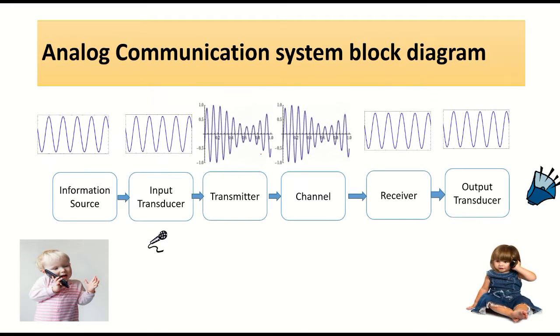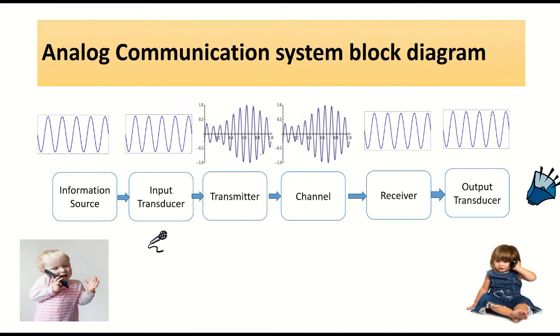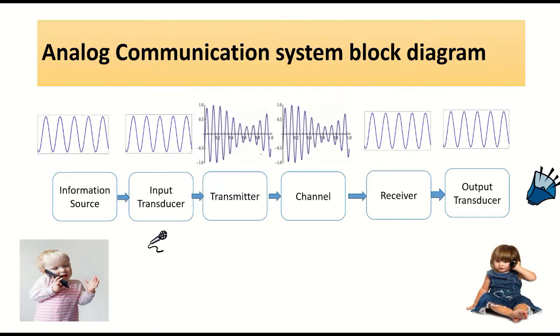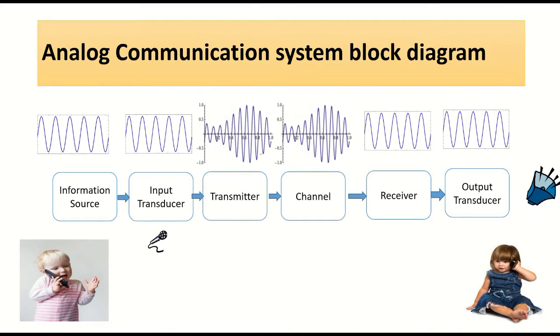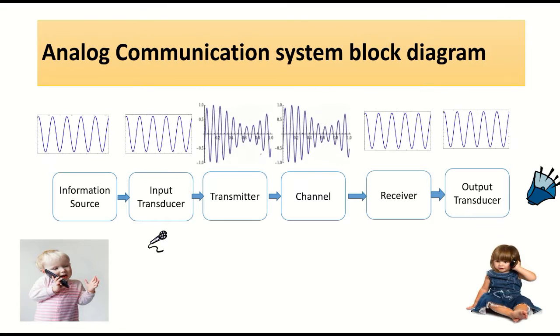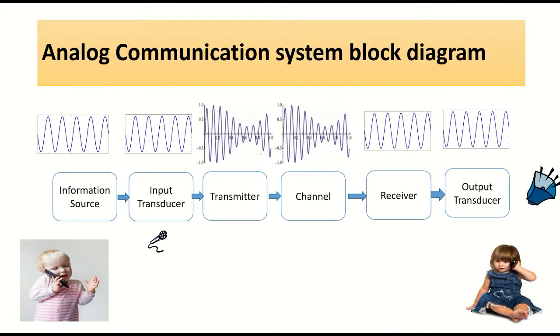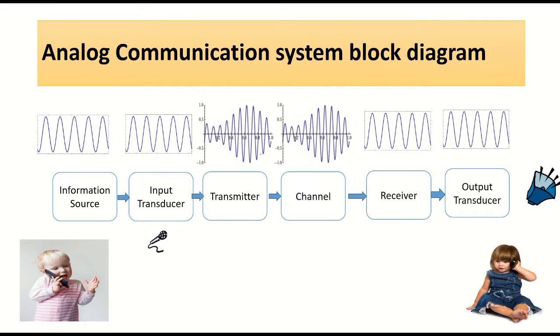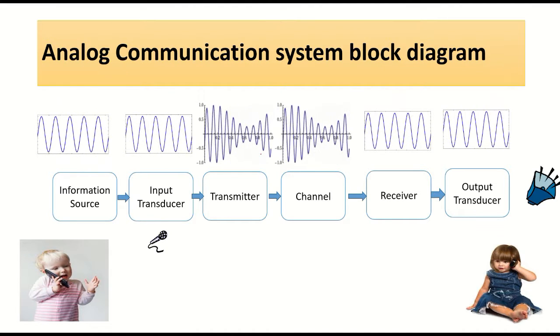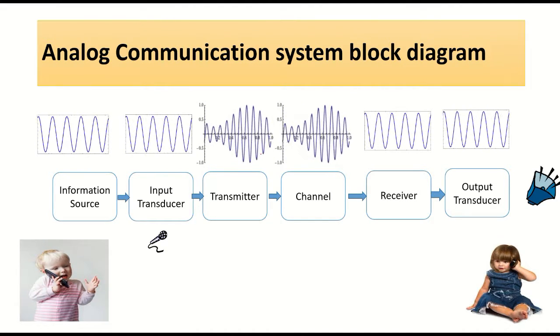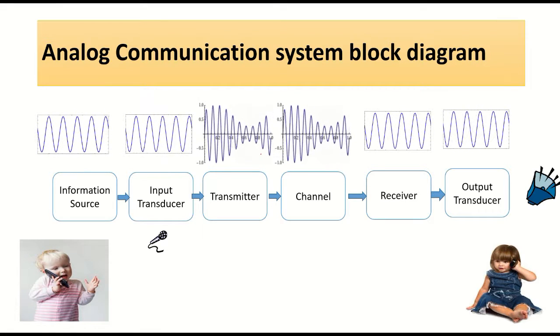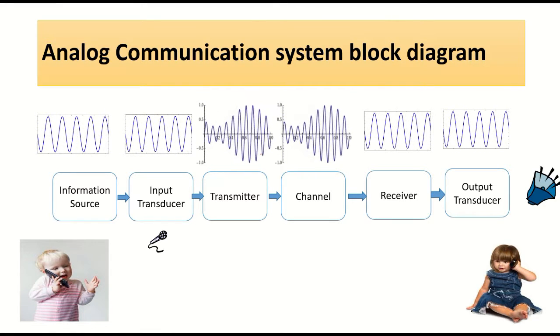One more important thing is that you must have the same medium of communication, right? Otherwise what will happen? For example, let's say one guy is communicating in English, and at the other end the fellow is not able to understand English because he is Chinese. Then it may not be a worthy communication system, right?